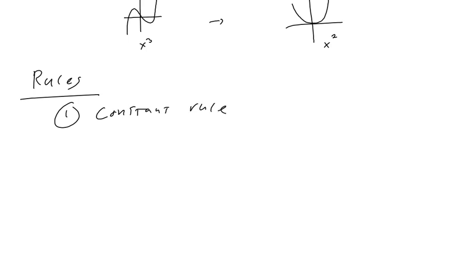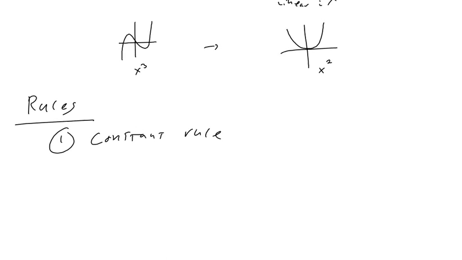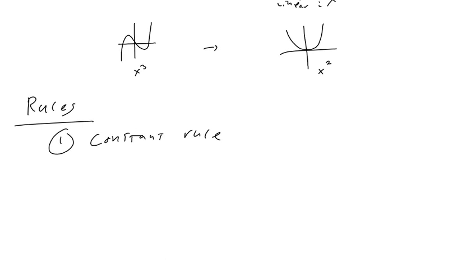First of all, let me just do a little bit of notation. We have f prime of x as the derivative, but what I'm going to be writing here is the notation d over dx. If I write d dx, this means derivative. d dx is another way that we talk about a derivative.